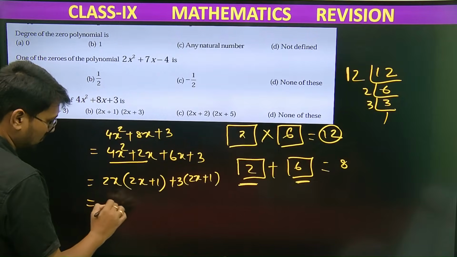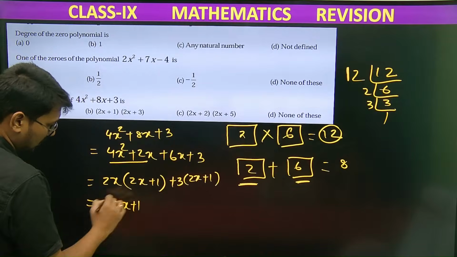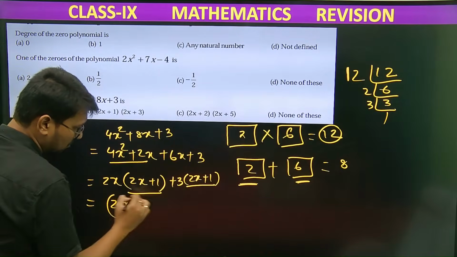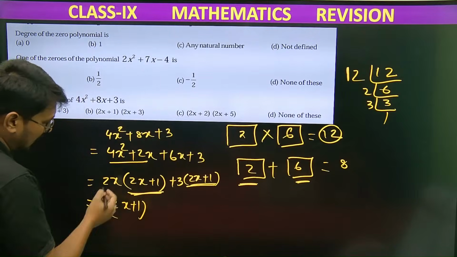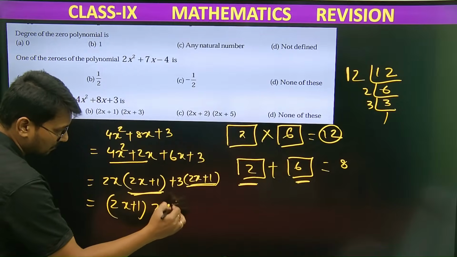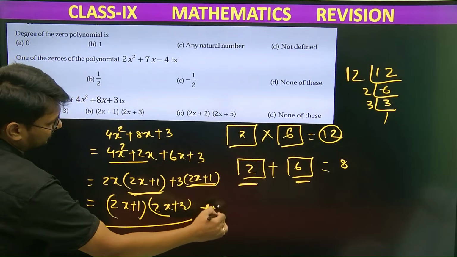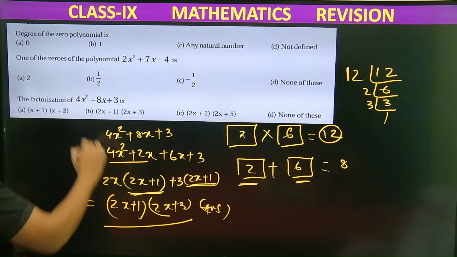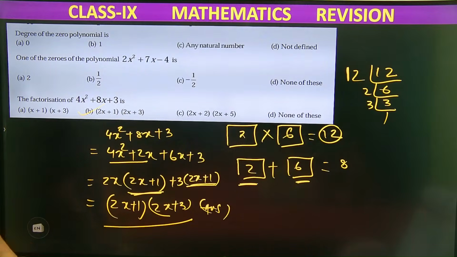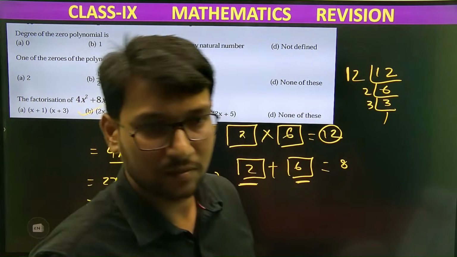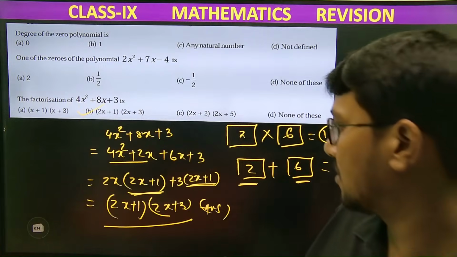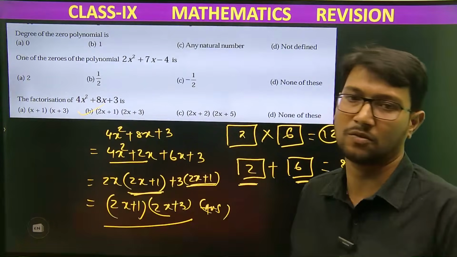So 2x plus 1 is again common from both, and left is 2x plus 3. It is our answer. Option B is correct. Hope you are clear. Okay, solve it.